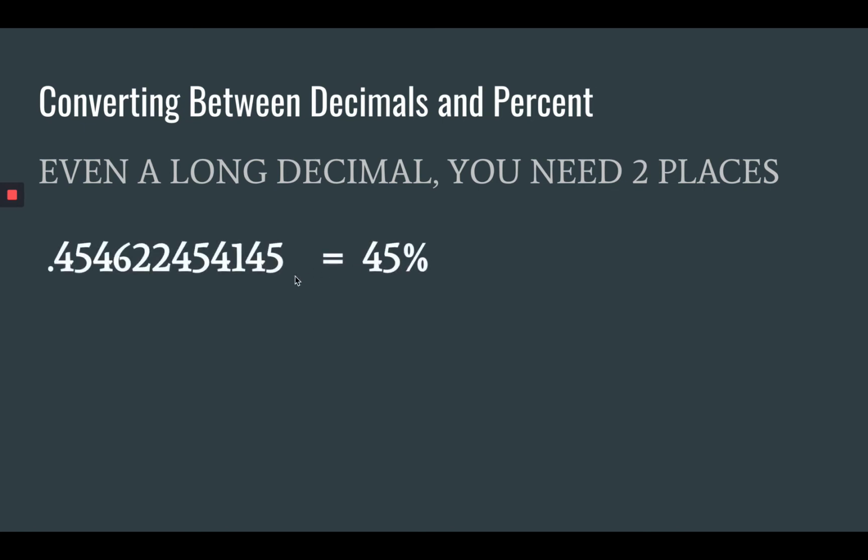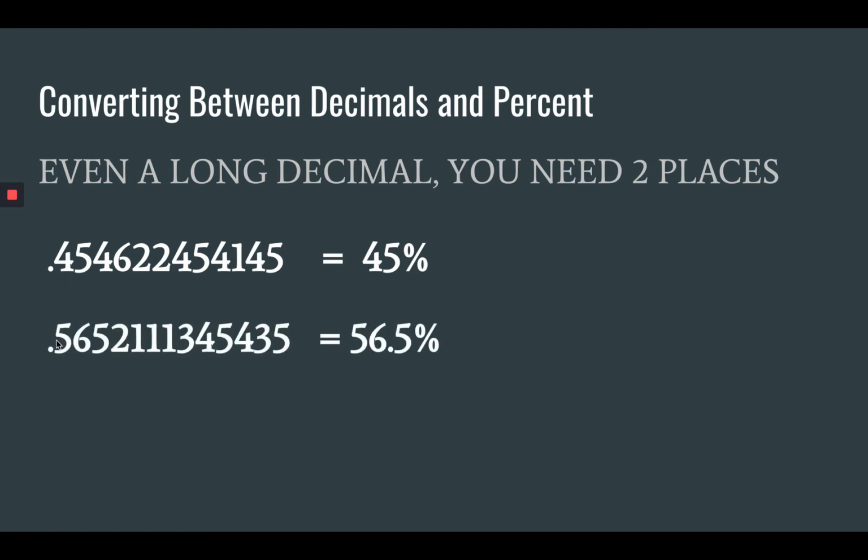So even if you have this whole long decimal, 0.454622454145, that's about 45%. Move your decimal over twice, it's about 45%. Even if you have this long decimal, move it over twice, it's 56%. If something asks you to round to the nearest tenth, it'd be 56.5%.